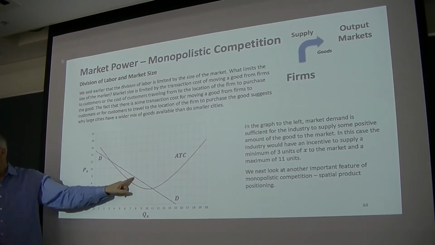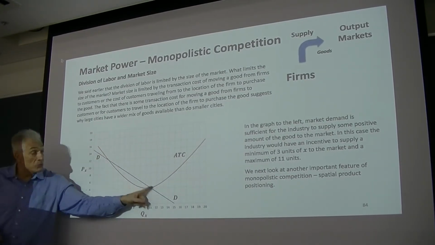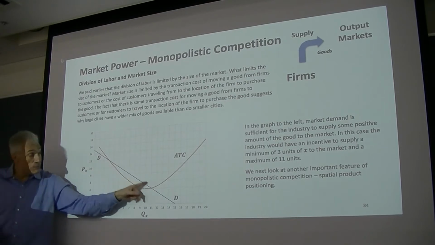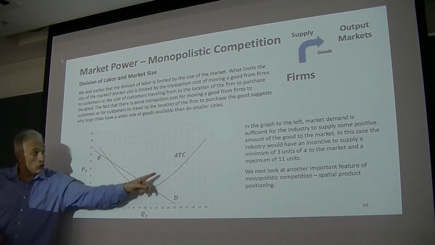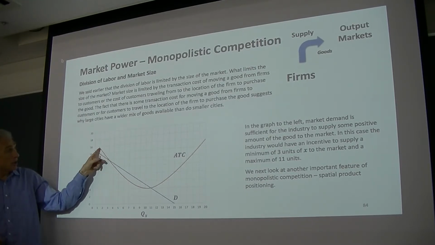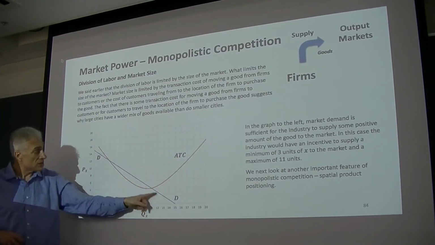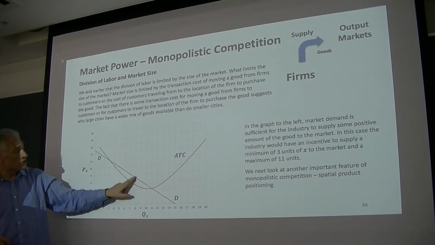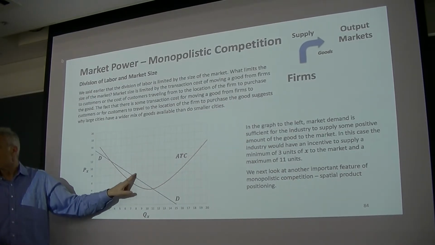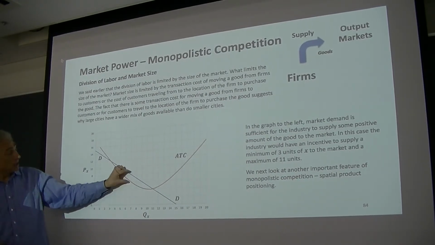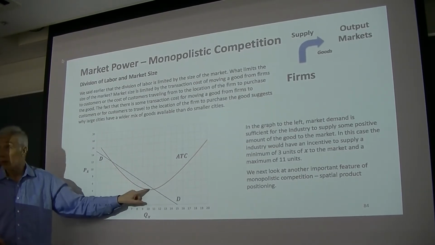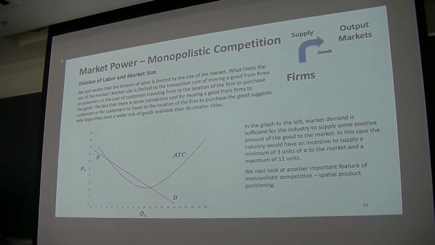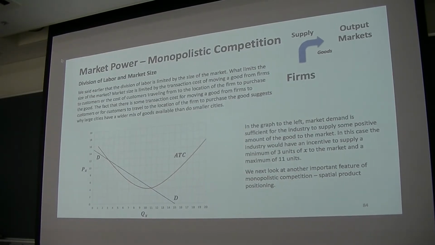If you are a supplier, a retailer or some supplier of a good or service, and this is your average total cost curve, and this is the demand curve, somewhere in here is your profit maximizing point, and this is all potential profit. That means your market is big enough.